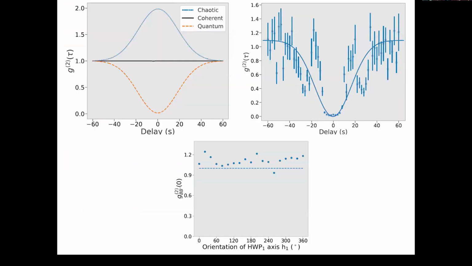Different kinds of experiments. By the way, if you were to do a delay experiment with quantum light, this is what it's going to look like. This is what chaotic light is going to look like. This is what classical light is going to look like. This is another version of our experiment with another time delay. This is what the second order correlation looks like. This is what the classical light looks like. It's just one arm.